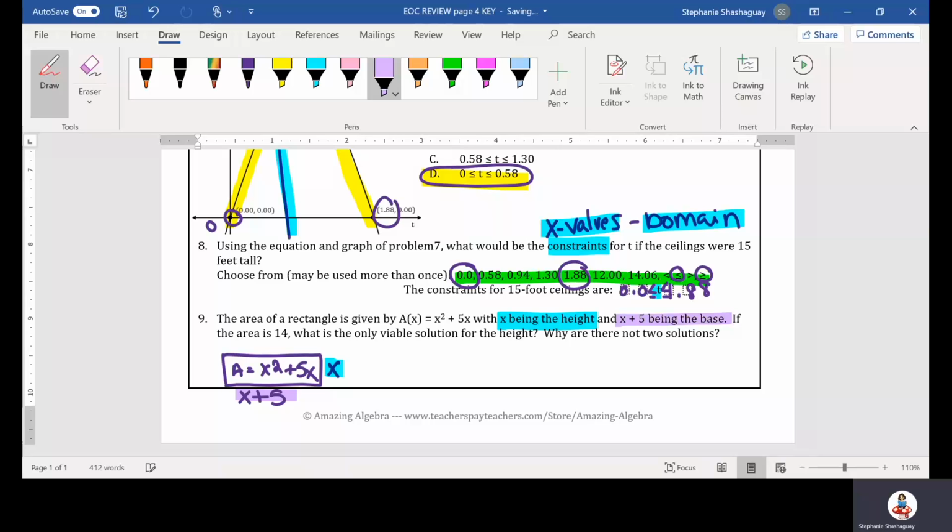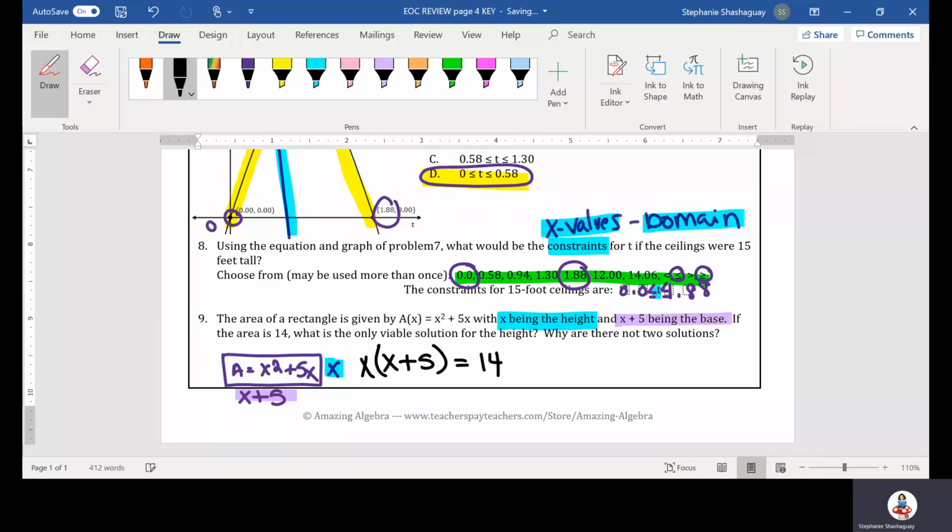If the area is 14, so that means that x plus 5 multiplied by x is equal to 14. What is the only viable solution for the height?